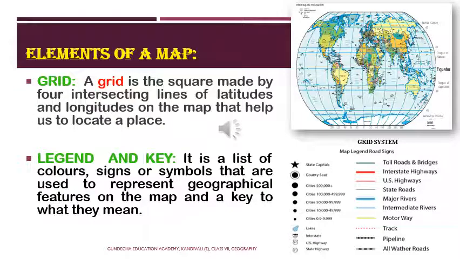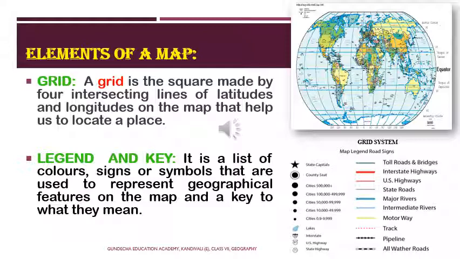Next element is grid. A grid is the square made by four intersecting lines of latitudes and longitudes on the map that help us to locate a place. Latitudes are imaginary horizontal lines and longitudes are imaginary vertical lines.